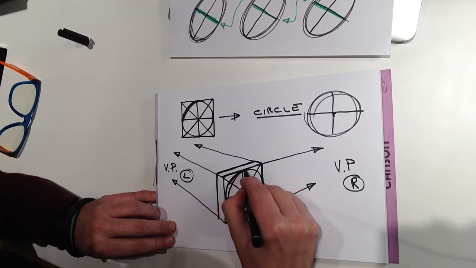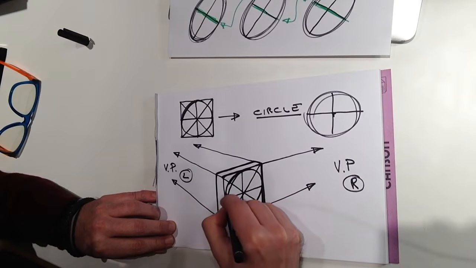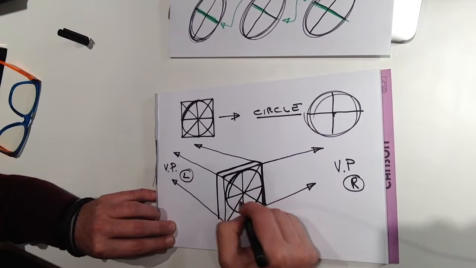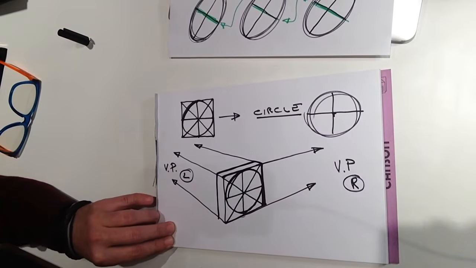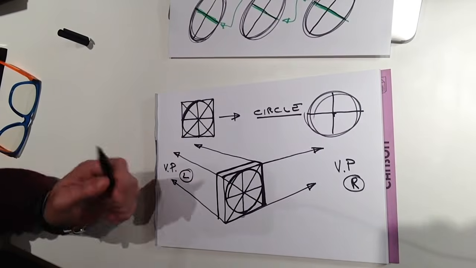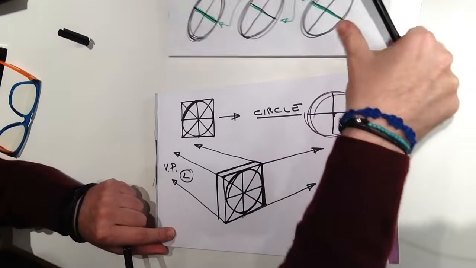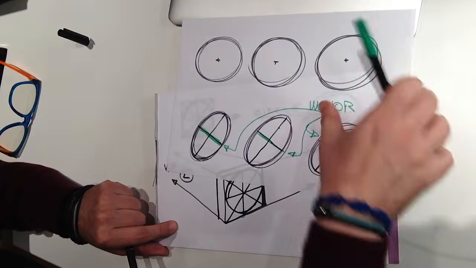So this is our circle in perspective. And you can see that this is an ellipse, just like this one.